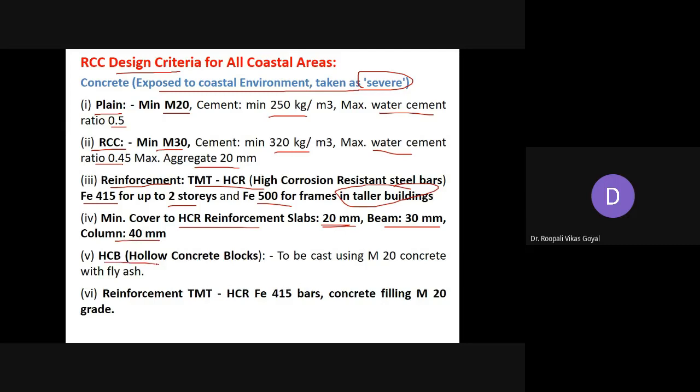If you are using hollow concrete block, it should be cast using M20 grade of concrete with use of fly ash. So generally this TMT reinforcement HCR FE 415 bars can be used in conjunction with M20 concrete grade. So these are the RCC design criteria for all coastal areas.